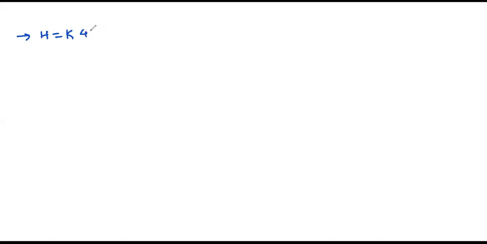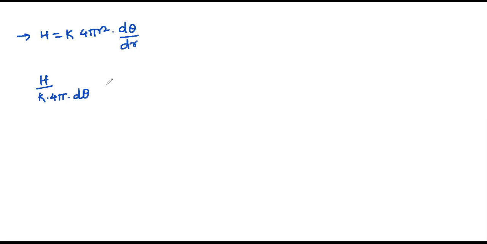K into 4 pi r square into d theta by dr. Let's substitute here and transfer the terms. So 4 pi K this side, d theta also this side. So H by K into 4 pi into d theta. Yes or not? Yes. Clear?